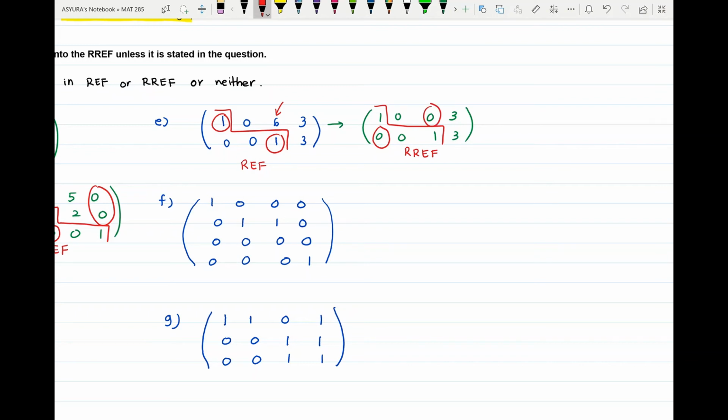Next, F. In F, you have the ladder, but it is not a normal ladder, not a normal stair, because your leading one is here. This one is not a row echelon form and also not a reduced row echelon form. It is neither.